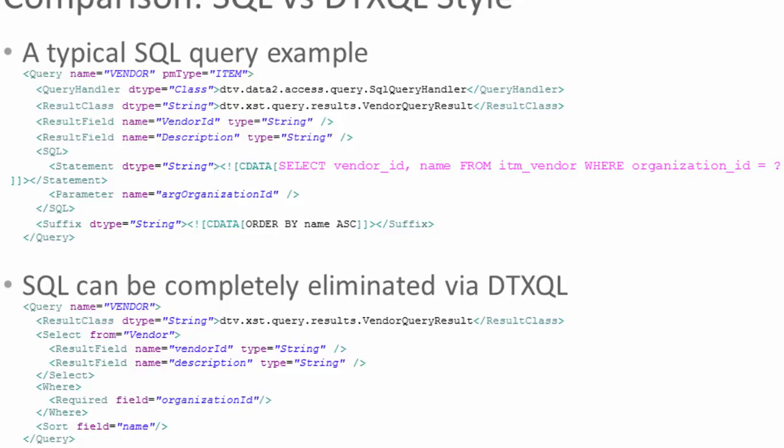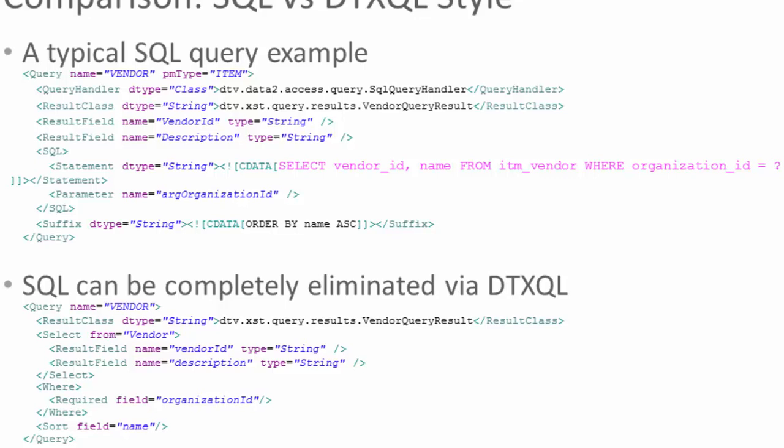The next thing you'll notice is that the result class is specified for the DTXQL version. In this case, where you only want 2 fields back in your result, you can specify a specific result type. If you don't specify the result class for such a query, you would get a default query result object.